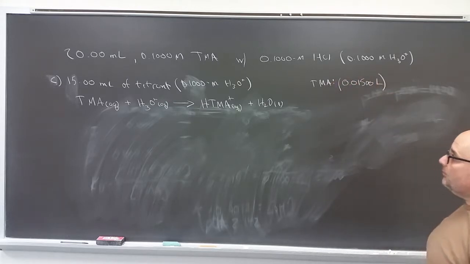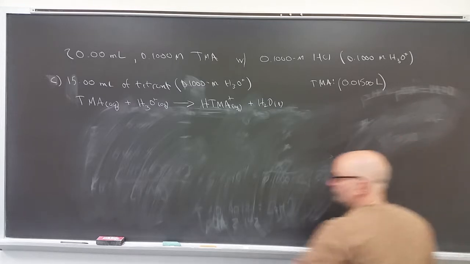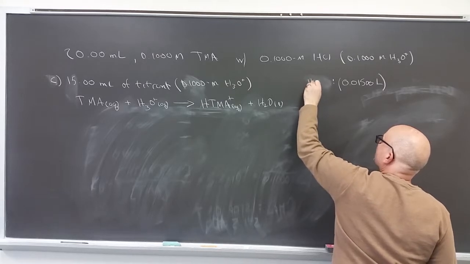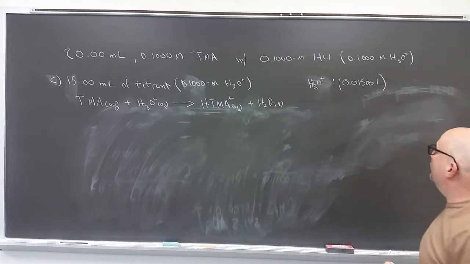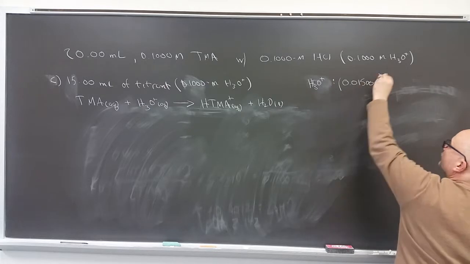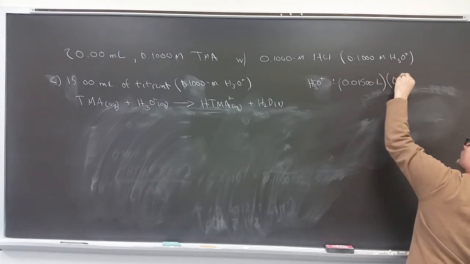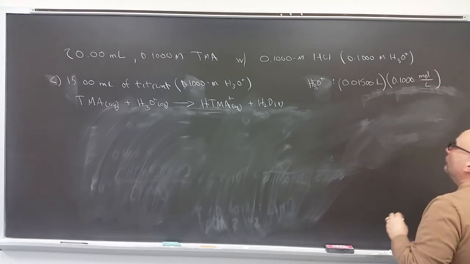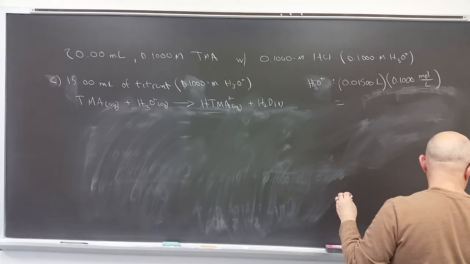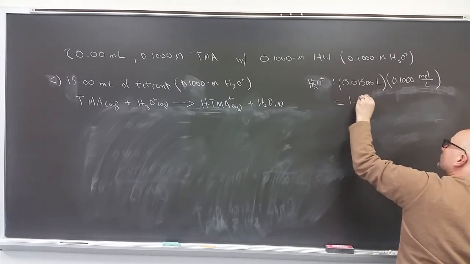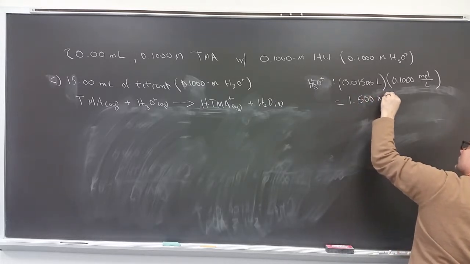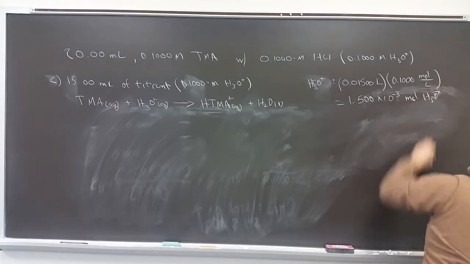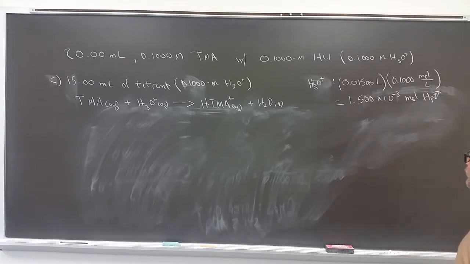For the HCl, sorry, the hydronium, you have added 0.015 liters of it, and it has a concentration of 0.1 moles per liter, so that's going to give us 1.5 times 10 to the negative 3 moles of hydronium.